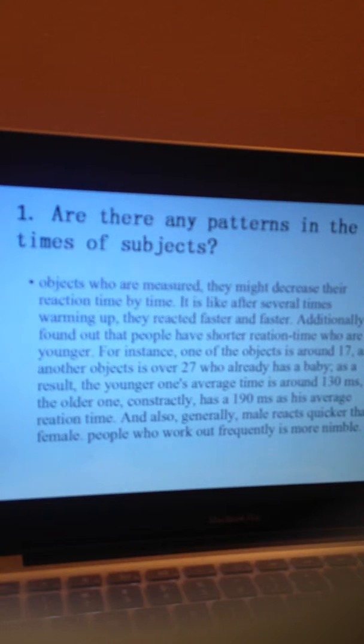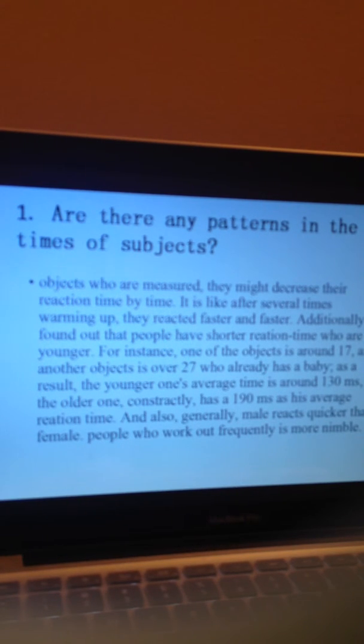For instance, one of my objects is around 17 and another is over 27 and already has a baby. As a result, the youngest one's average time is around 130 milliseconds. The older one, by contrast, has 190 milliseconds as his average reaction time.